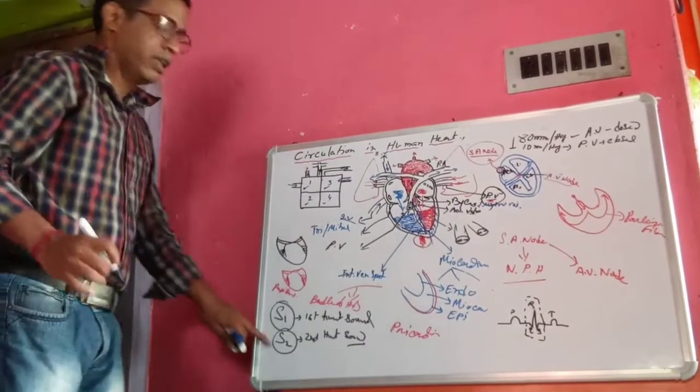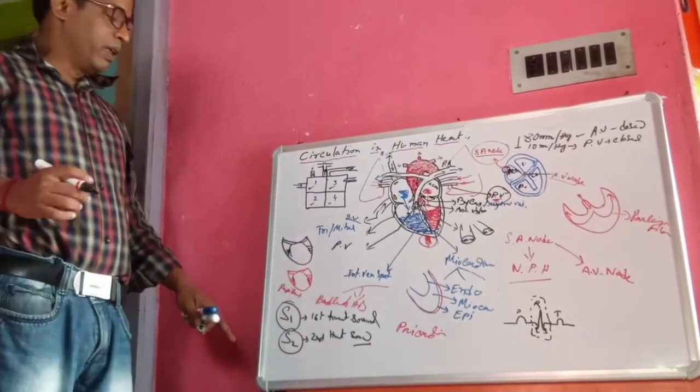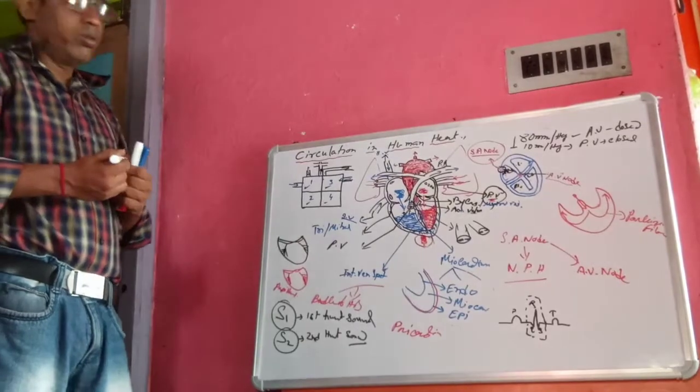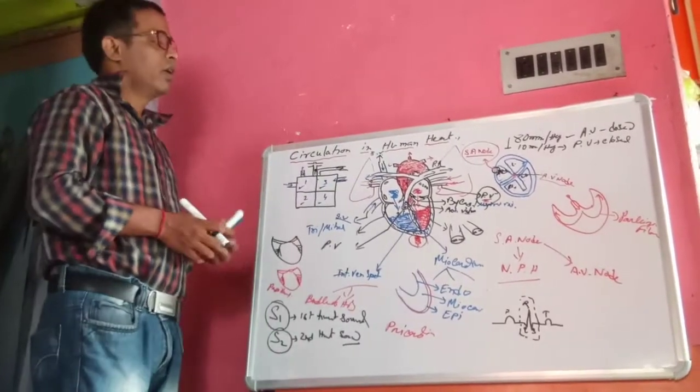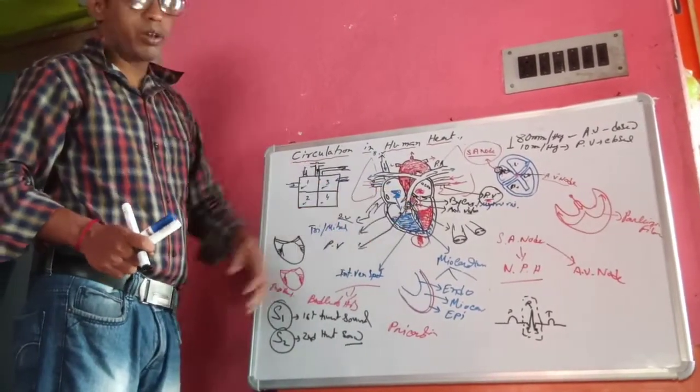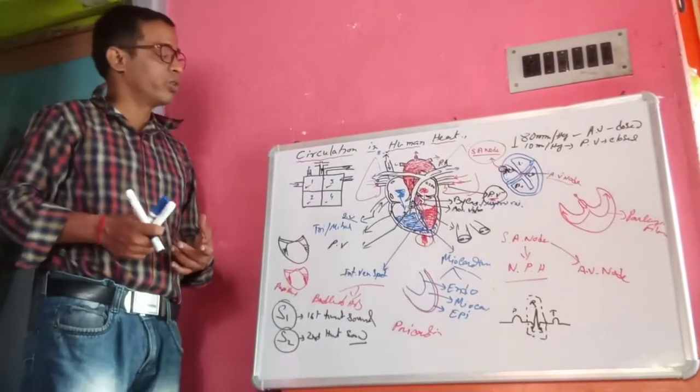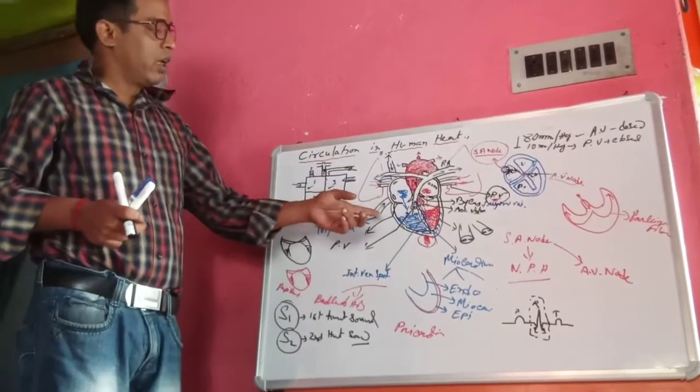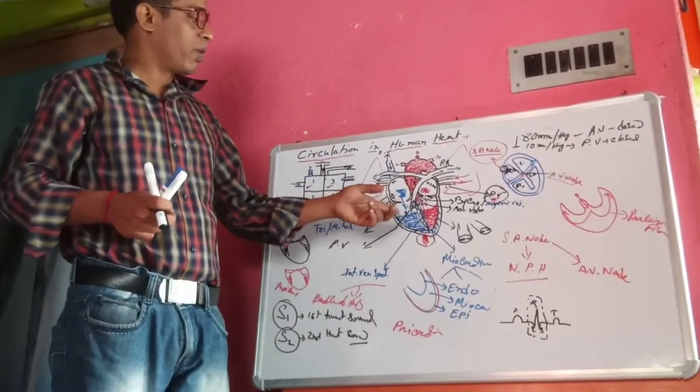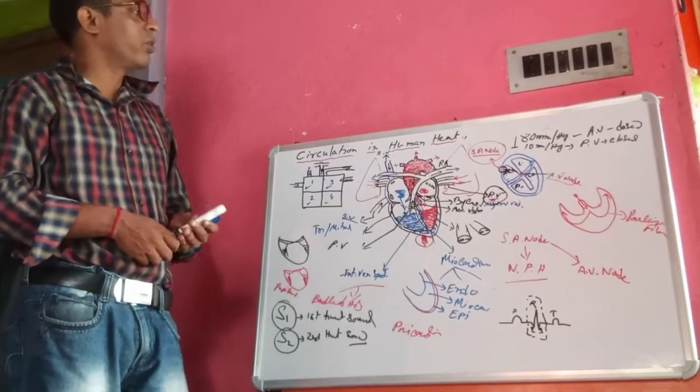But there is some splitting of the second heart sound, because the aortic valve closes just before the pulmonary valve closes.